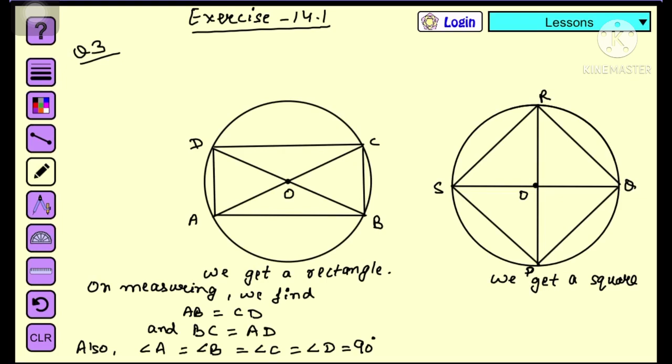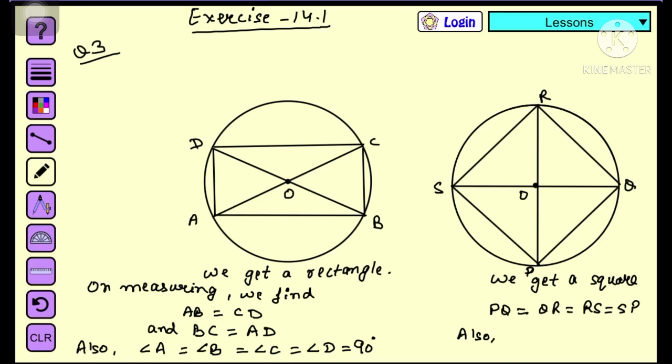And in this one we find that PQ is equal to QR is equal to RS is equal to SP. All the sides are equal.